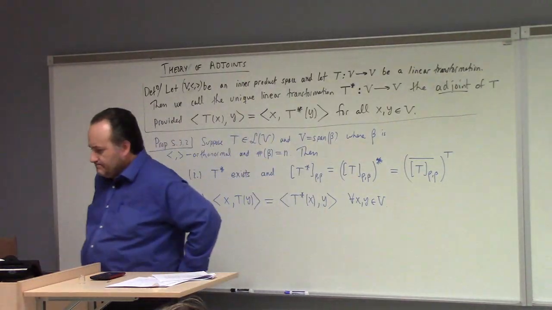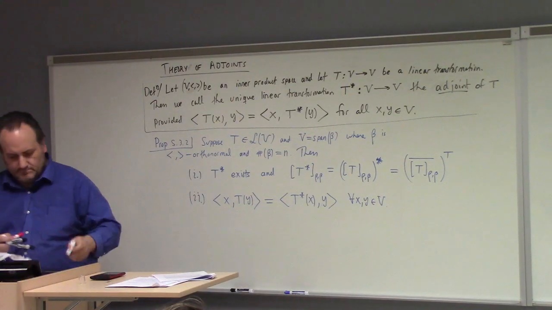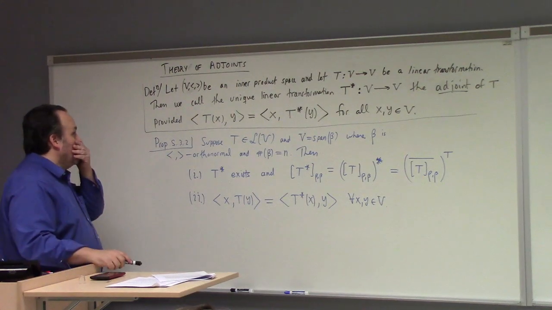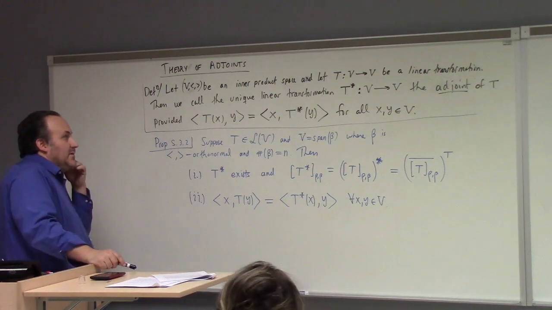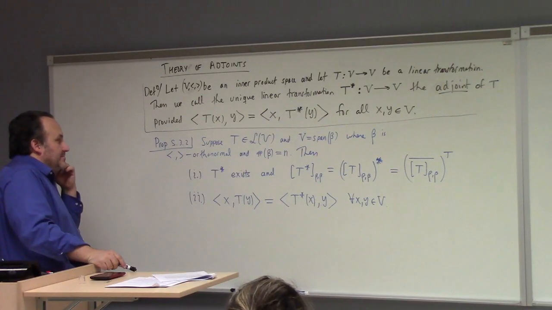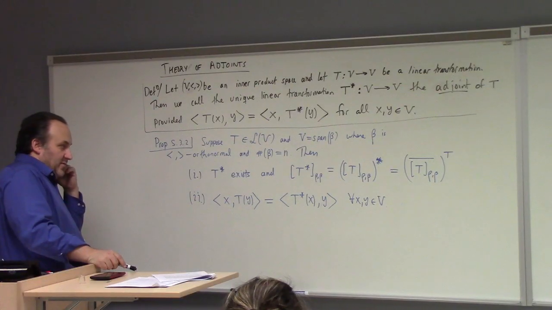So are there T's where one of the parts of the proposition does hold and the other doesn't? Well, it is critical that the basis be orthonormal.